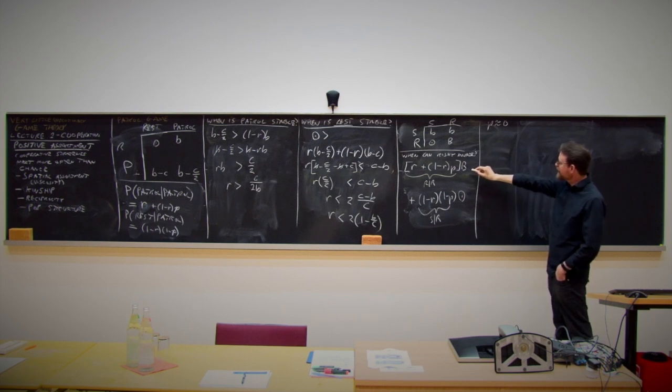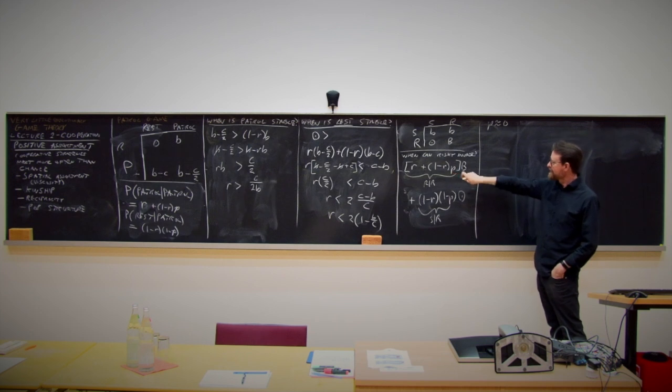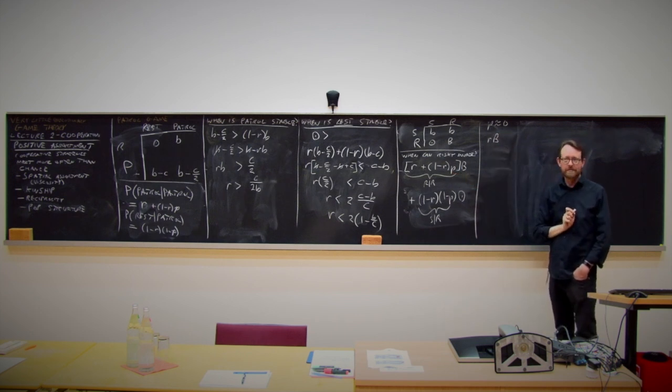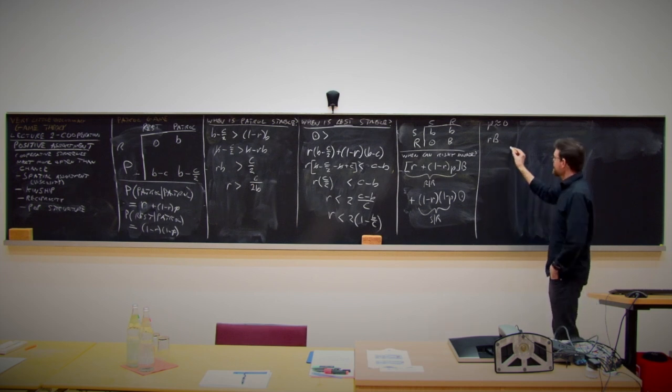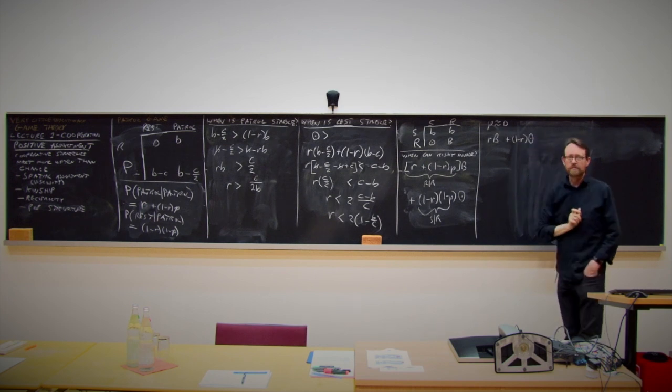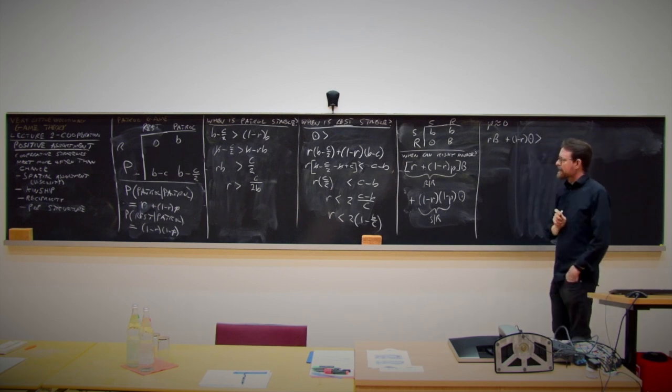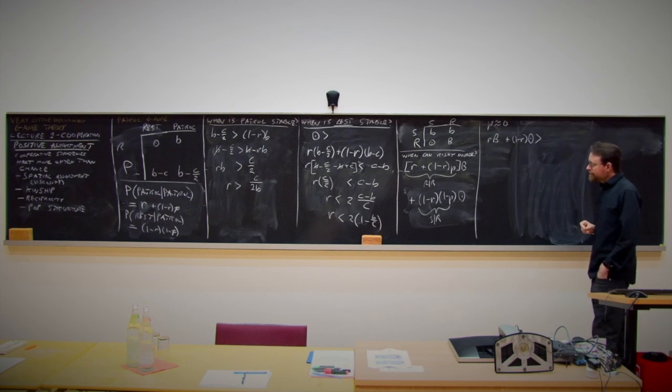So this just becomes R, right? If that's 0, then this just becomes RB. Isn't that nice? Plus 1 minus R times 0. And that needs to be greater than the fitness of the common safe, right?